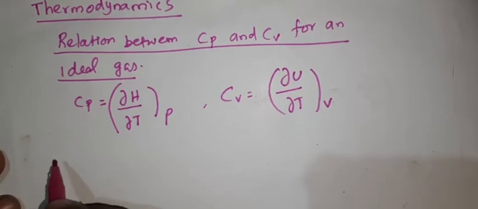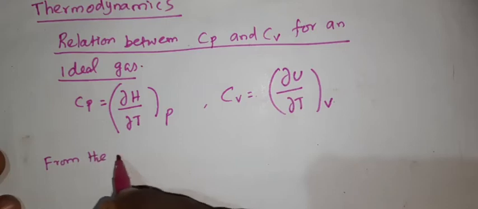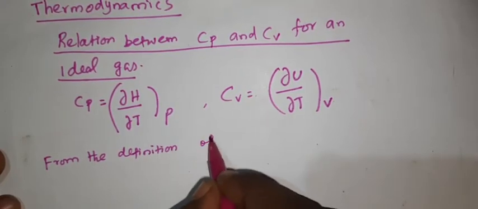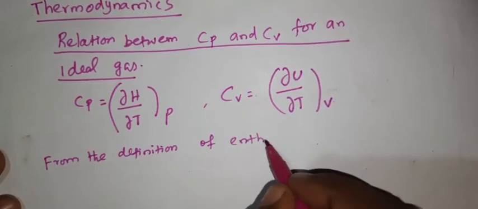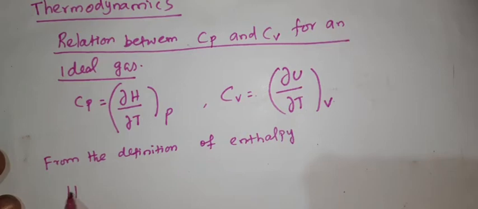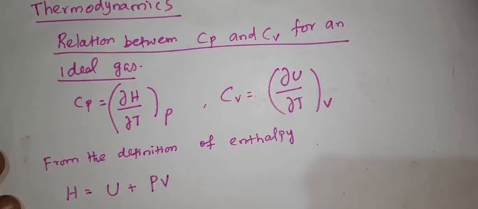Now, from the definition of enthalpy, H equals U plus PV. H is enthalpy.